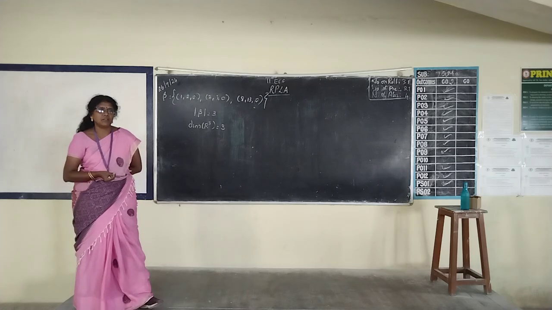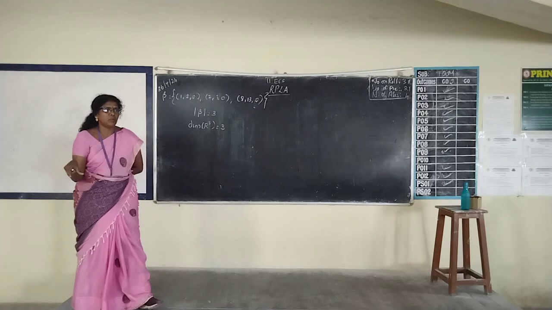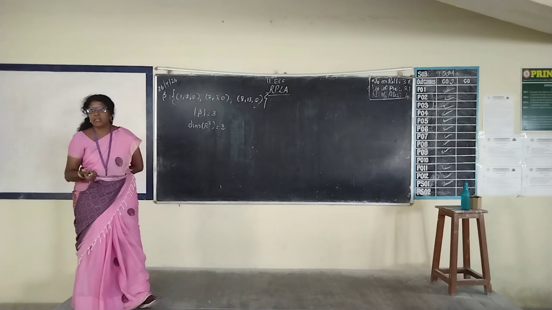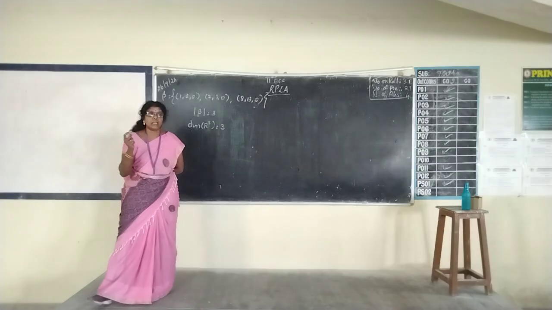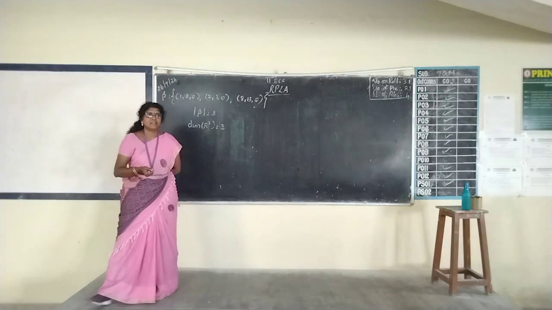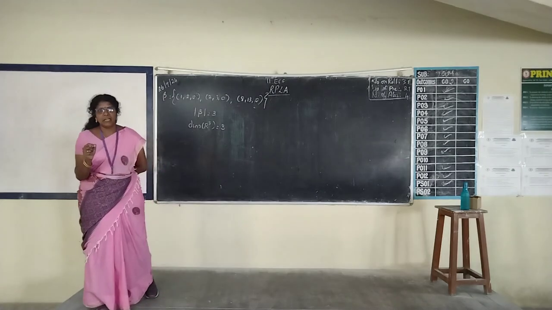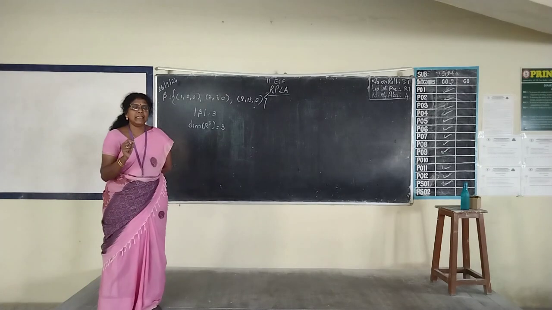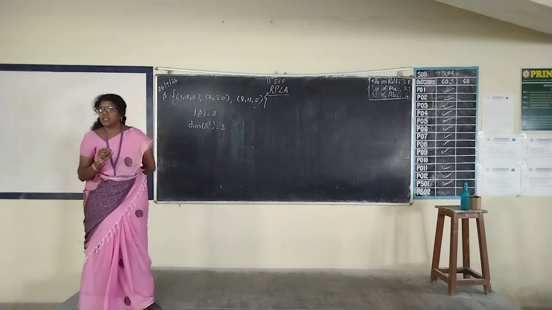Using the determinant. When there is a set of simultaneous equations, we can go for the determinant. If determinant of A is 0, is it dependent or independent? Dependent. Non-zero means independent. So now we are going to solve this using our determinant rules.